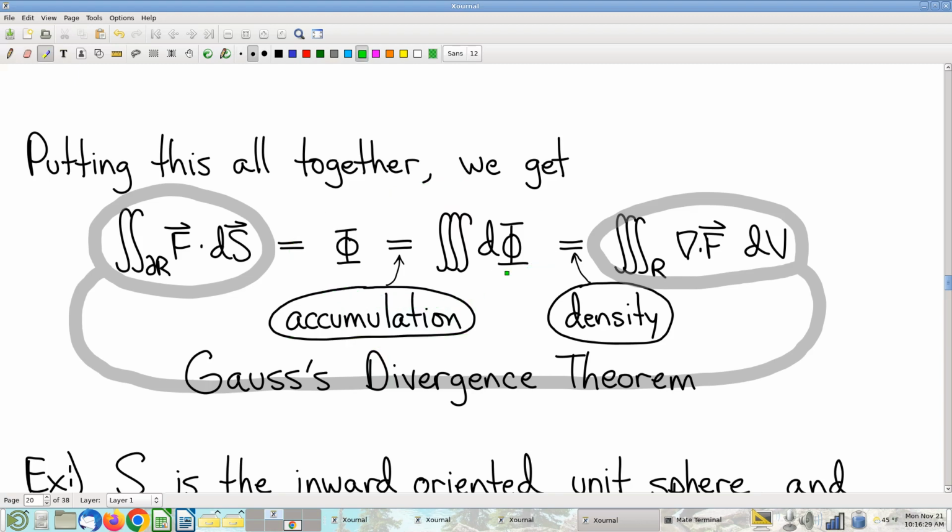And then lastly, this right here comes from rewriting flux in terms of its corresponding density. And so the idea is that, because of the accumulation property, you can think of flux as being stuff-like. Obviously, it doesn't look like that and doesn't weigh anything, but it behaves mathematically as if it's stuff.